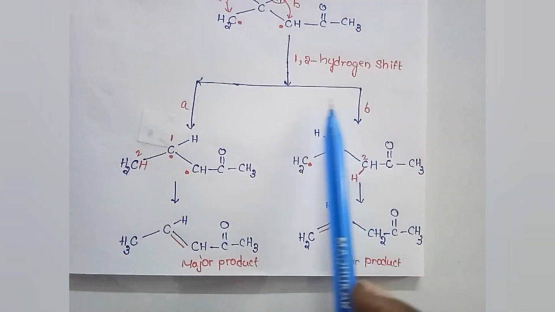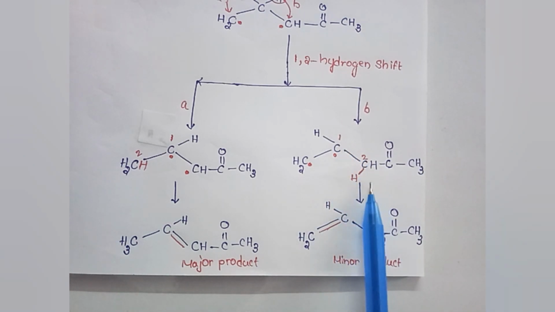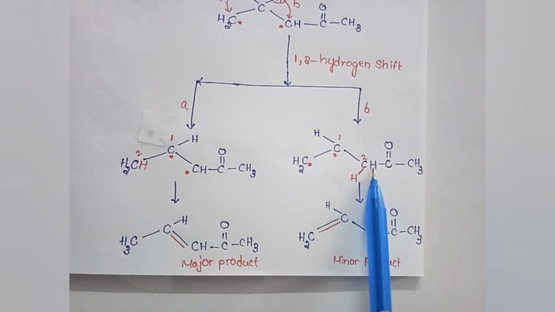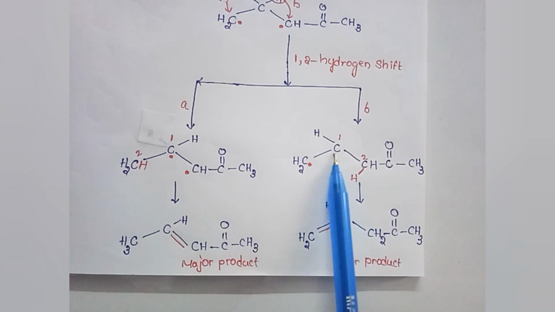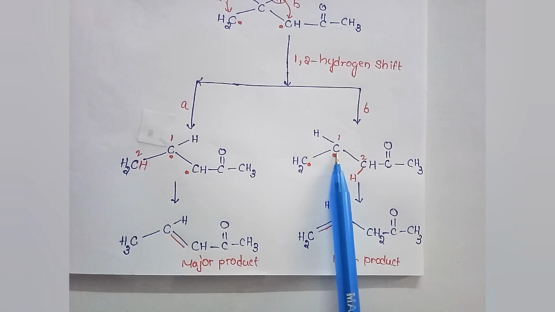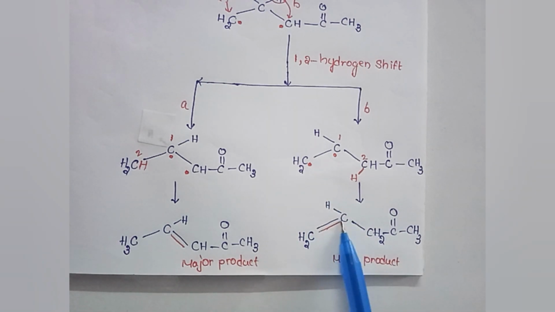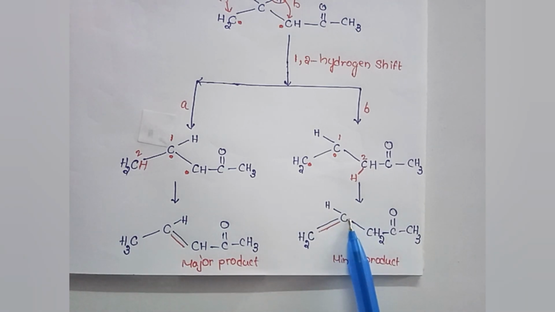If the hydrogen atom present here is shifted to this carbon atom, a new radical is formed on this carbon atom. This radical and this radical, which is already present, will form a new bond here between this CH2 and CH.